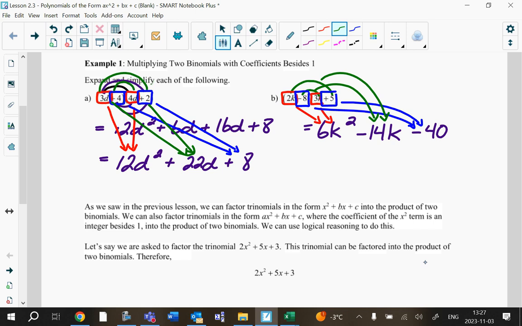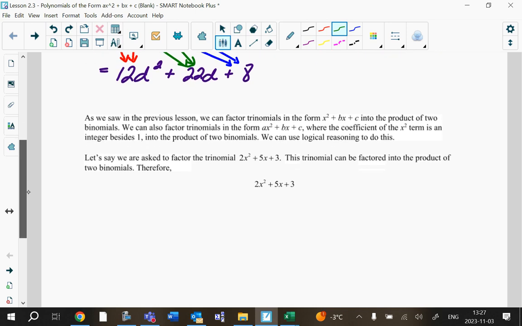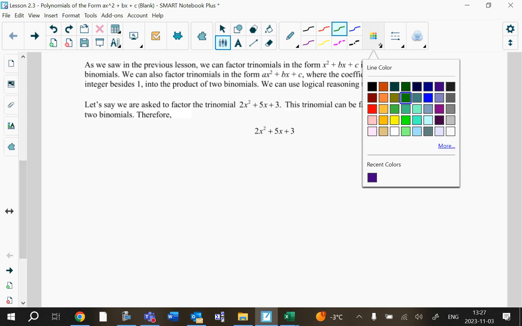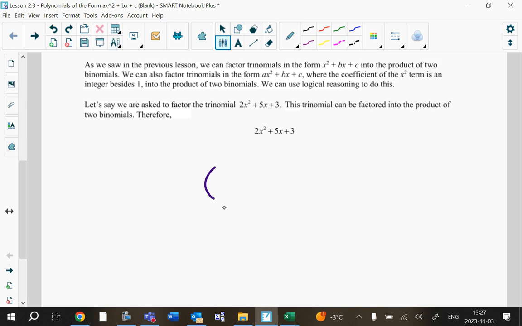So let's take an example. Notice this factoring one is a little different. It's a trinomial, but there's a number in front. So we call it an ax squared trinomial when there's a number in front. It will always break down into the multiplication of two binomials. But we can't say the first two terms of each are x and x.